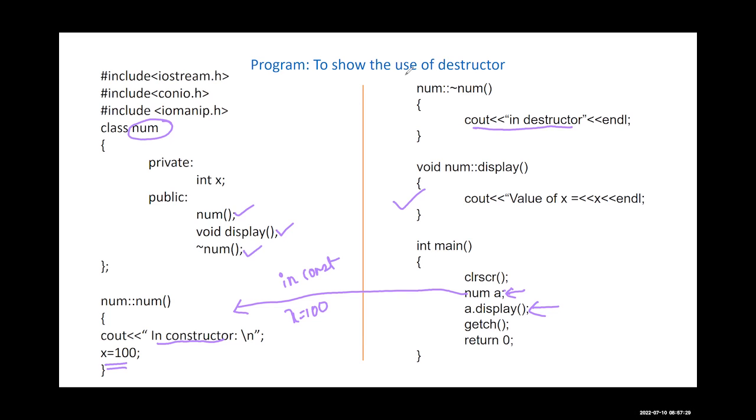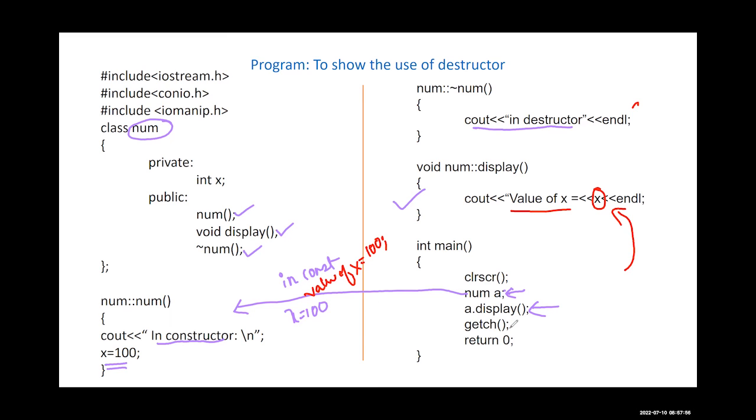So this display function is going to get invoked, and I am going to get the output value of x. Apart from "in constructor", I am going to get the value of x, which of course is going to print 100.